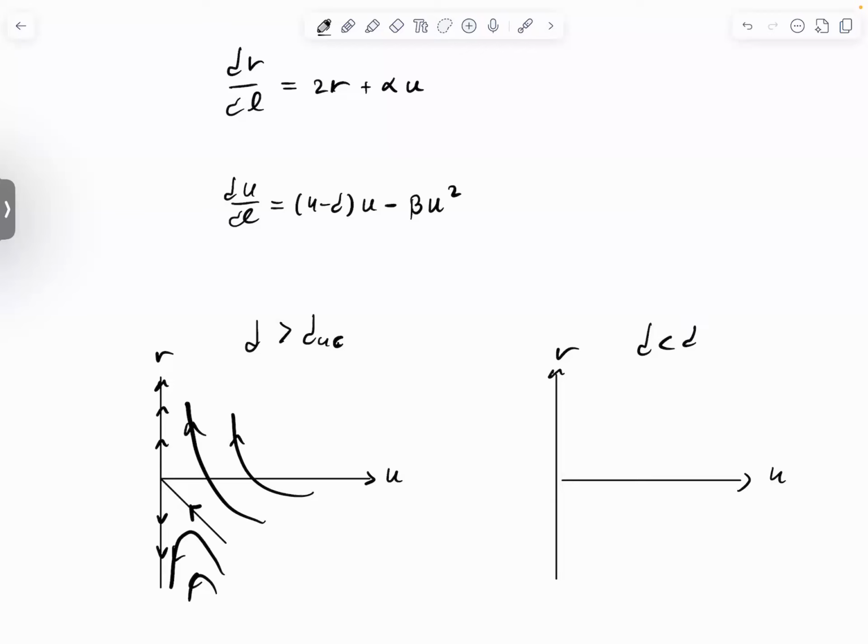And for d smaller than the upper critical dimension, this, by the way, is the Gaussian fixed point. And here what happens is that the Gaussian fixed point is unstable in all directions. Okay?